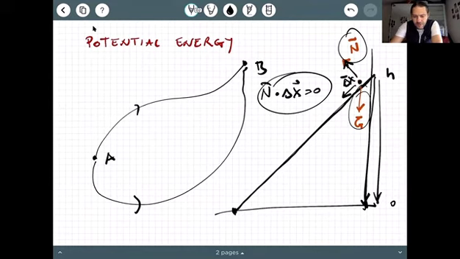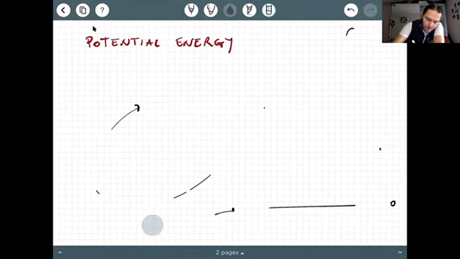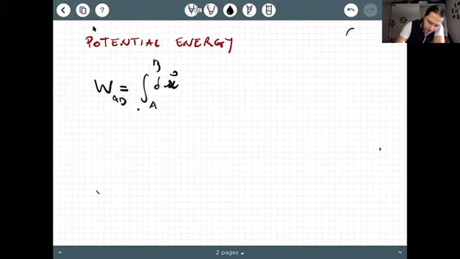Now, if you have a force that is constant, such as gravity in the proximity of the Earth, whenever you evaluate the work from A to B, you want to evaluate this integral. But remember, the force is constant. You can take it out because it doesn't depend on your position. And therefore, you can discretize this in a unique step like we did before. And so this is simply F dot (xB minus xA), right?